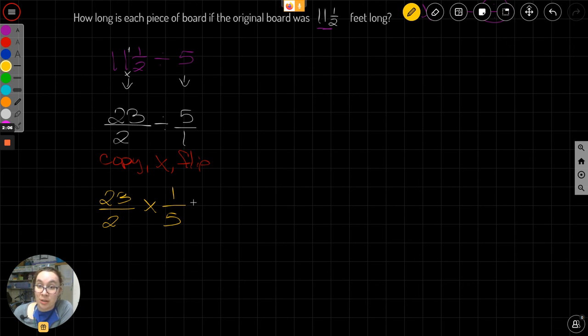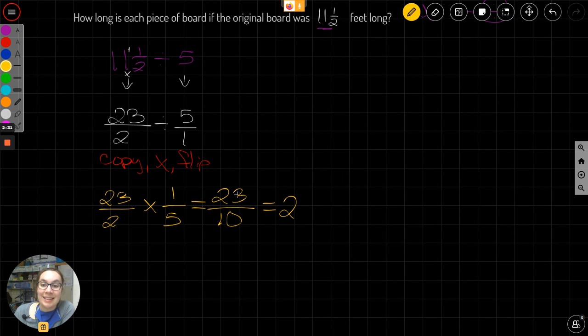So let's just straight multiply across. 23 times 1 is 23, and 5 times 2 is 10. Again, nothing to simplify here, so let's take this improper fraction and simplify it to a mixed number. Equals, how many times does 10 go into 23? 2 times.